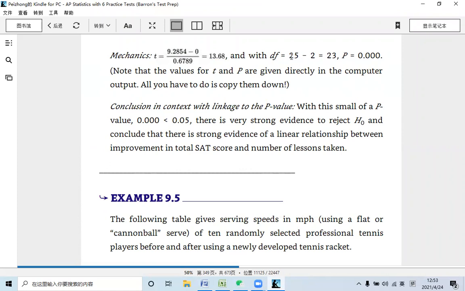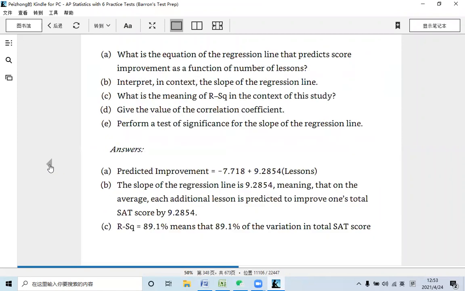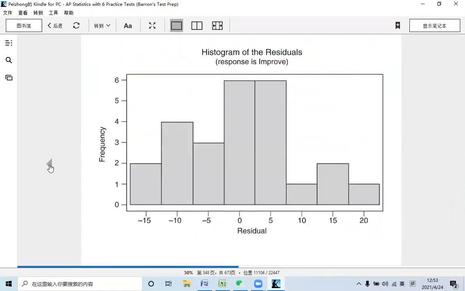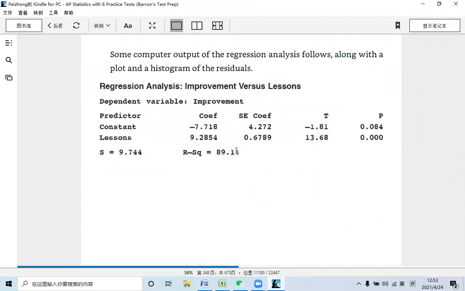And for the degrees of freedom, you have 25 people minus 2. So here you have the t value, and the p value is 0.000.